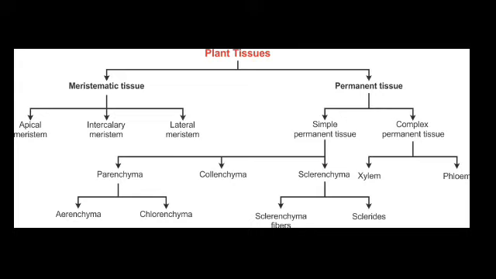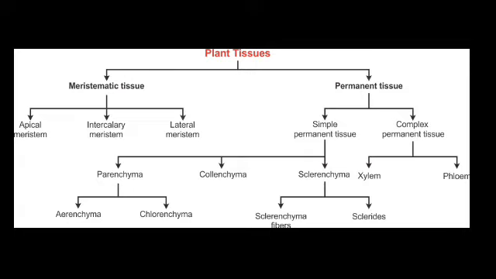Guys, we are on the way to study the different types of plant tissue, in which we have discussed that plant tissue is divided firstly into two parts, the meristematic tissue and permanent tissue. We have studied that meristematic tissue is again divided into three parts: lateral meristematic tissue, apical meristematic tissue, and intercalary meristematic tissue. Then we have seen that permanent tissues are divided into two parts, simple permanent tissue and complex permanent tissue.